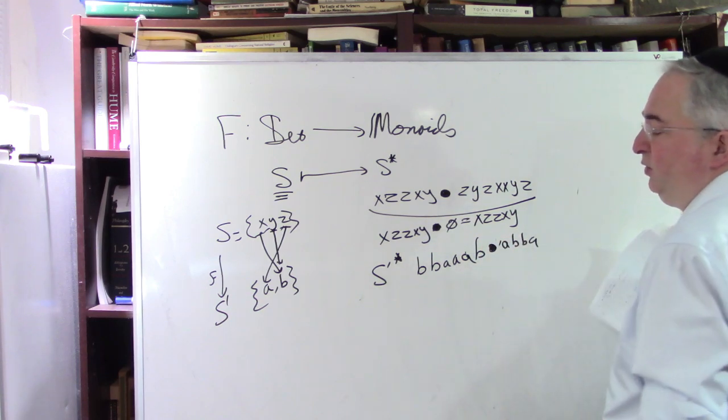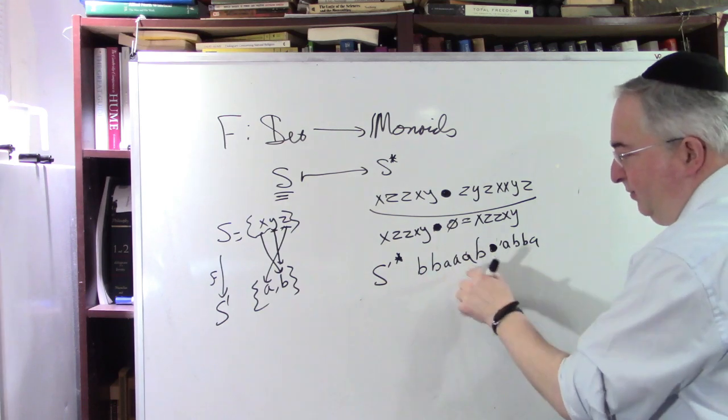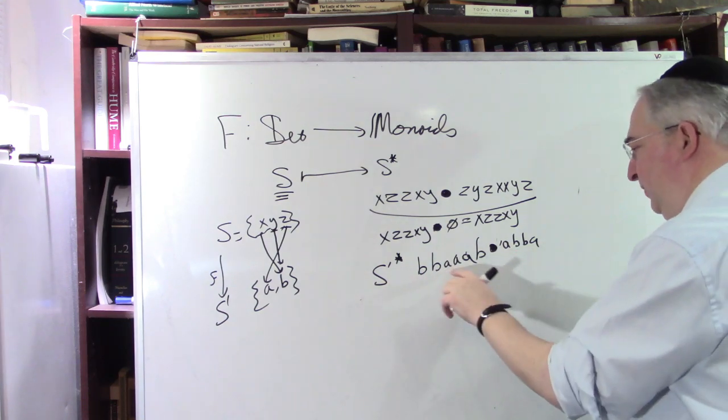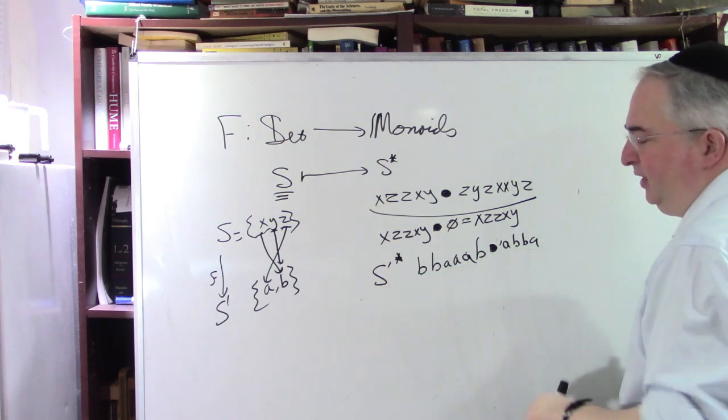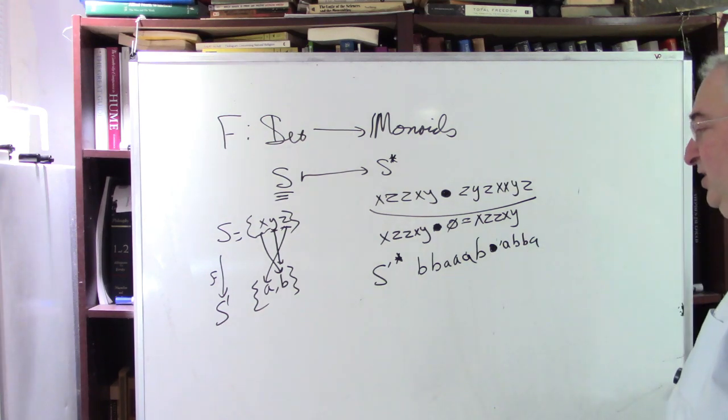We'll call it concatenate prime, just to make a separation. So this is a typical monoid element here, this is a typical monoid element here, and you can concatenate those two words, and you get that.